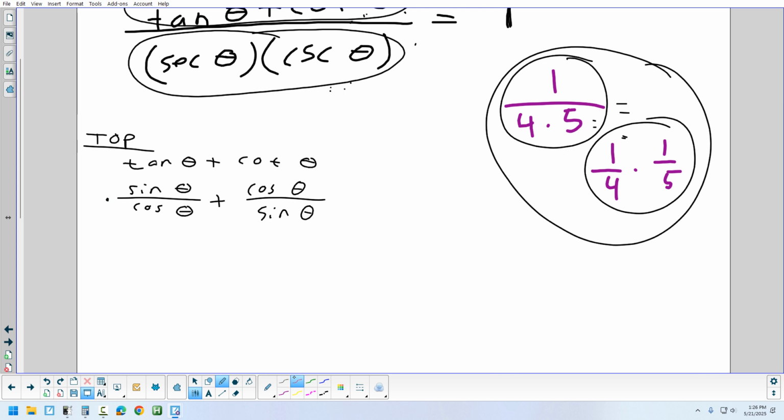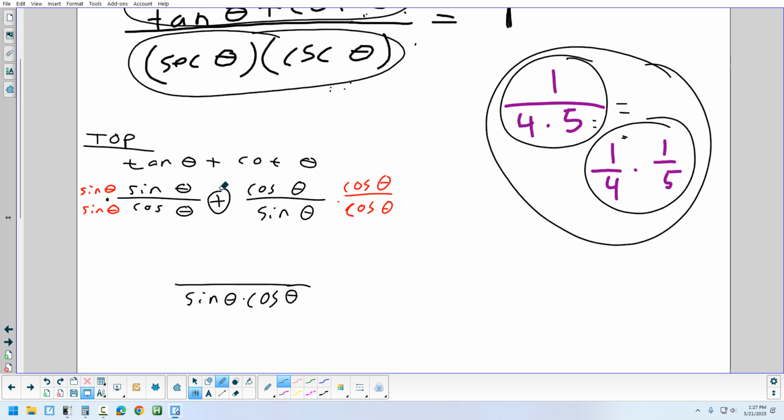What is the fraction on the left missing to make it the common denominator? It's missing a sine. And what's the fraction on the right missing? Cosine. It's missing a cosine. And remember, if something is missing and you multiply by it, you need to do it in the top and the bottom. So what's my common denominator now in both? Sine and cosine. Sine times cosine.